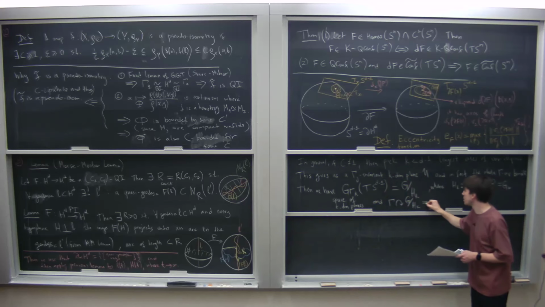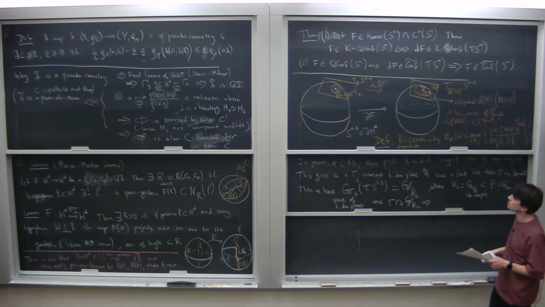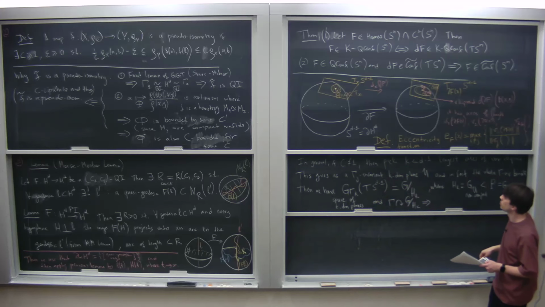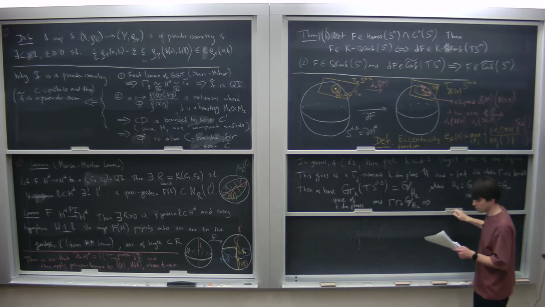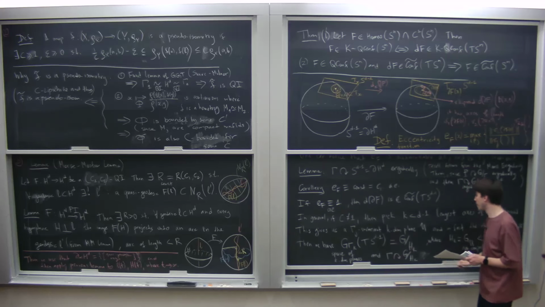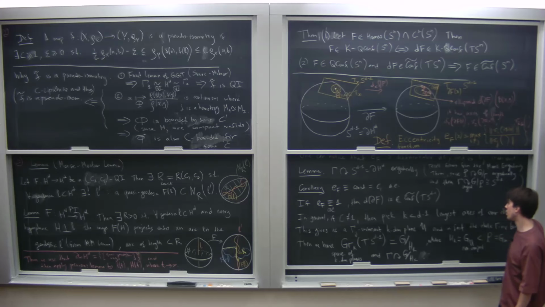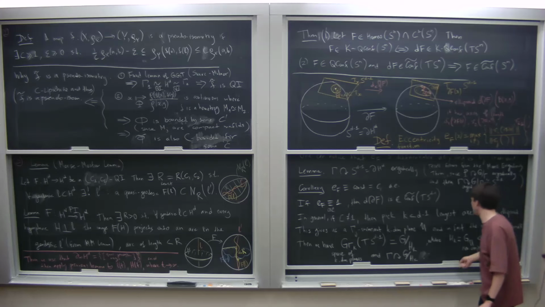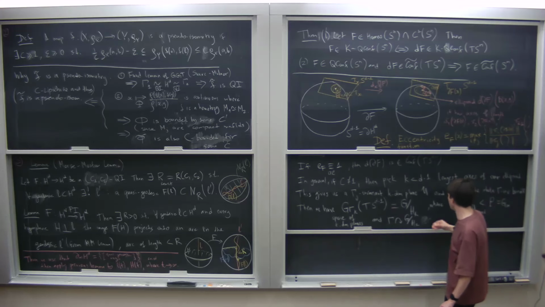And this implies that this is not possible, which is basically a contradiction. Gamma acts ergodically again by Moore ergodicity.